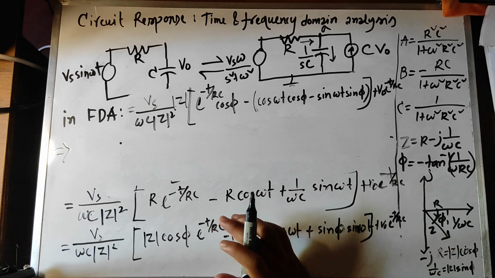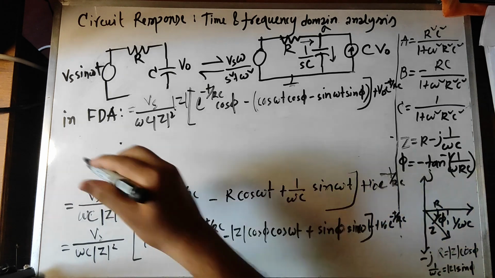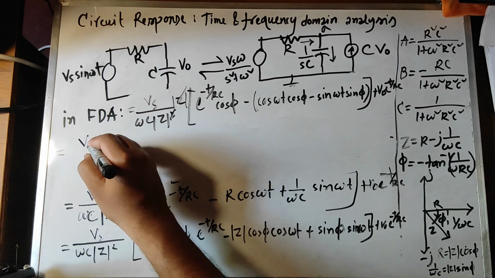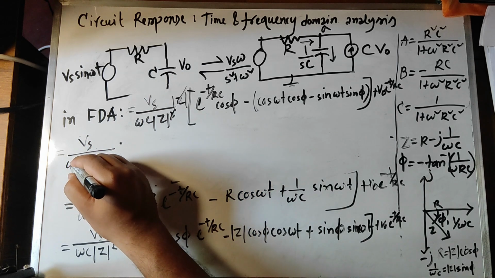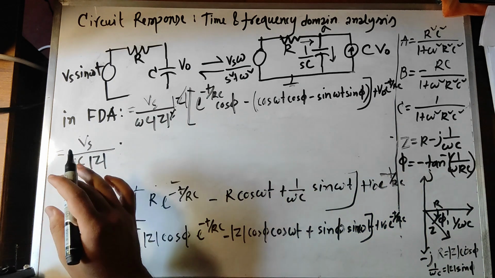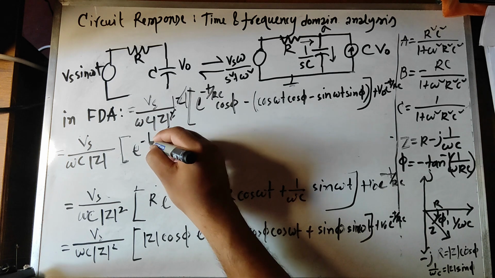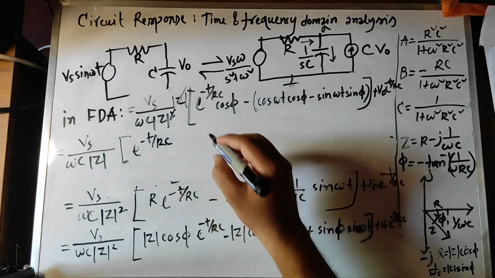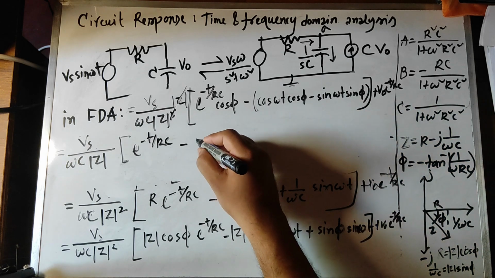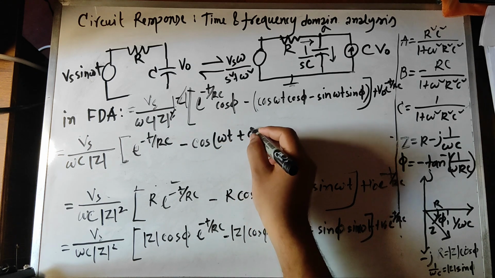So now we'll cut this out. So Vs by omega c, z the impedance magnitude, and e to the power minus t by rc minus this, by trigonometric identity it will be cos omega t plus phi.